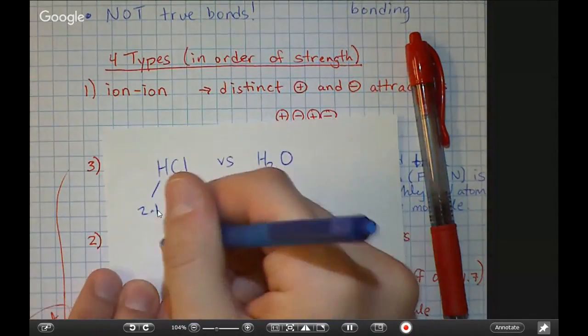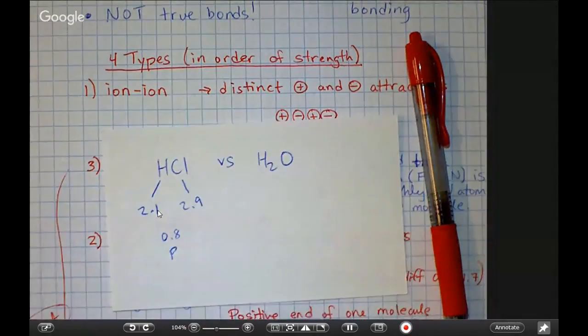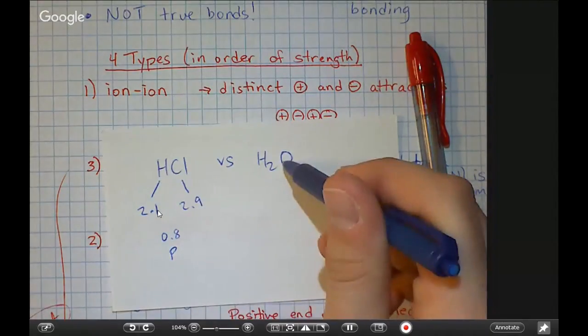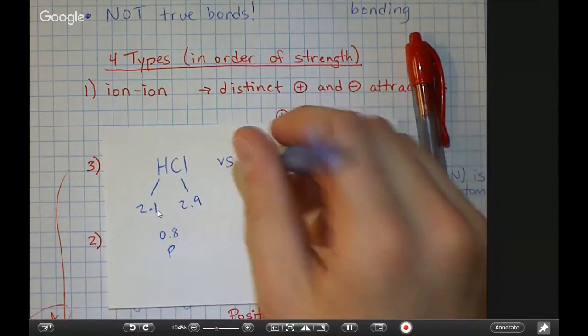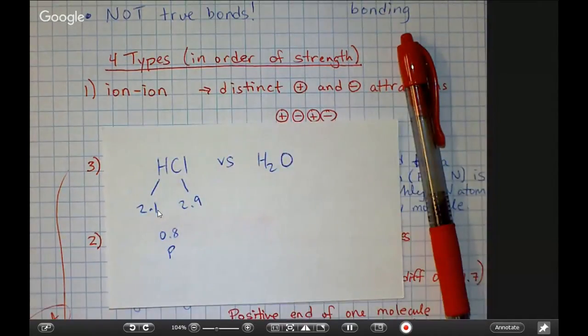So the difference, 0.8, means that HCl is still a polar molecule, or I should say has a polar bond. Water is also polar, so they're both polar molecules. The difference, though, is that water has hydrogen bonding because it has that highly electronegative atom such as oxygen. So it's going to behave differently than HCl would.